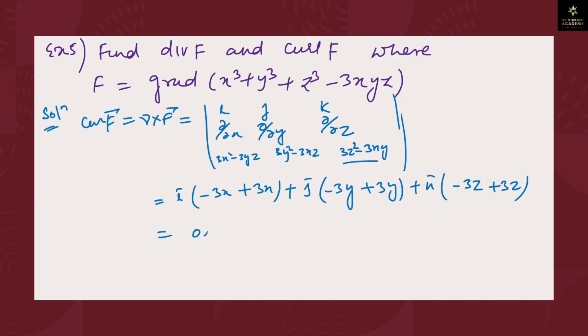Okay, so this is 0 i cap plus 0 j cap plus 0 k cap. So the curl of f is the zero vector.